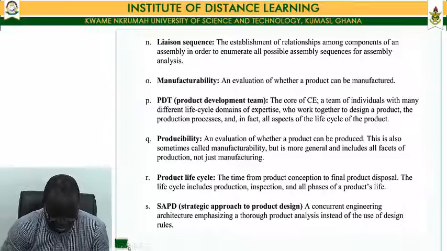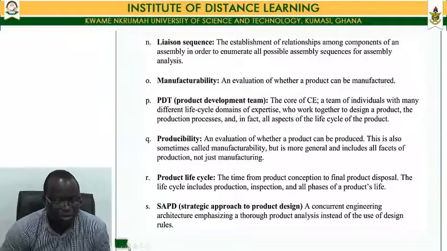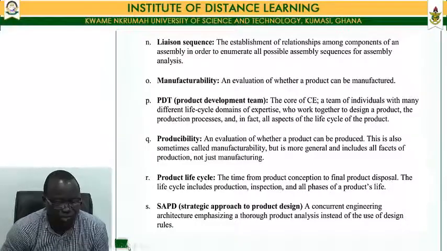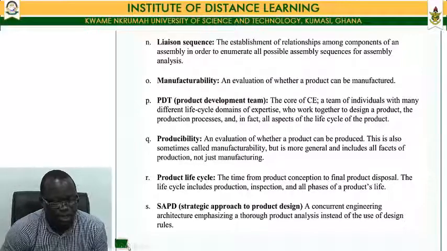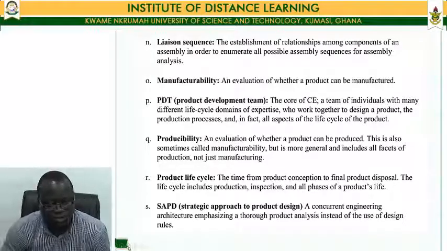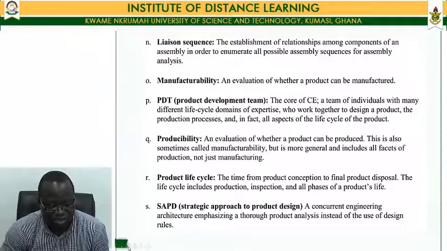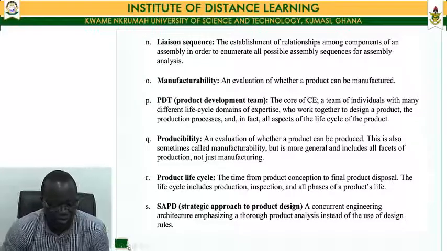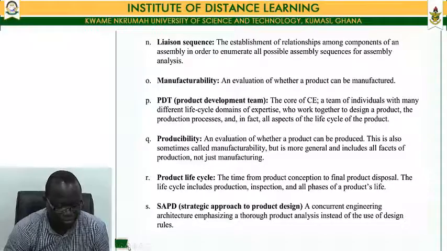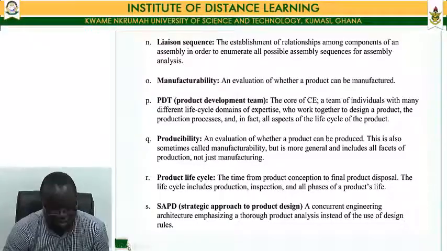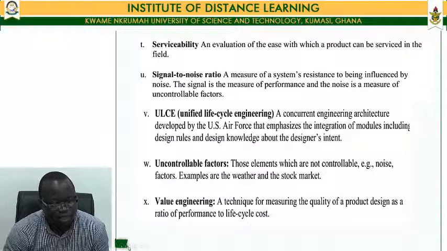Now we have manufacturability. And then we have product development team, producibility, product life cycles, strategic approach to product design. These are a few other terminologies which you can read for the meaning. You come to serviceability.